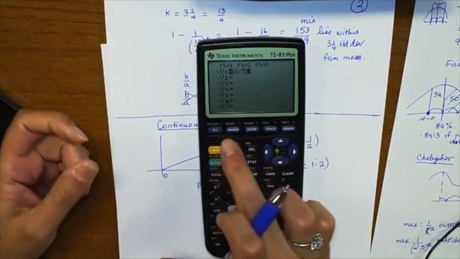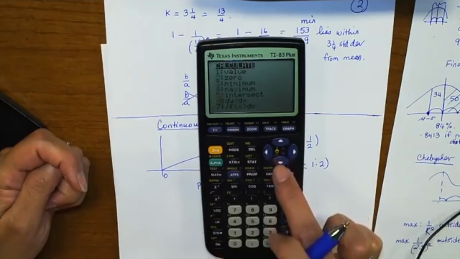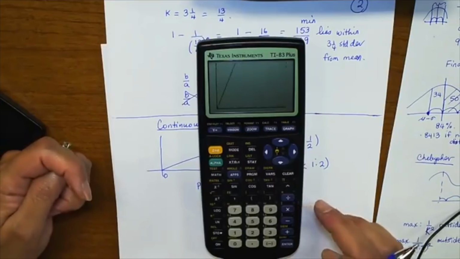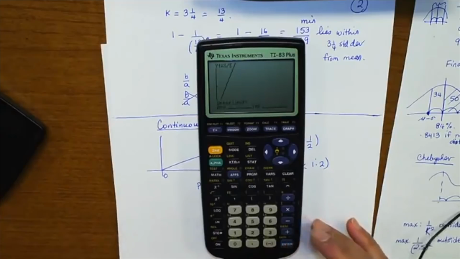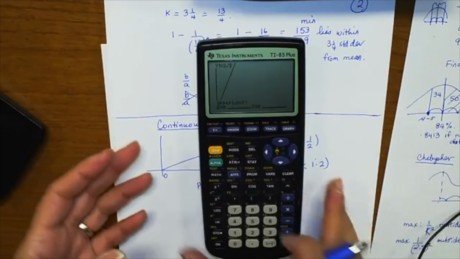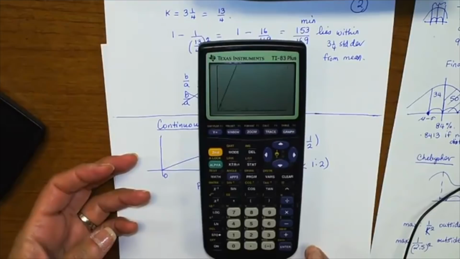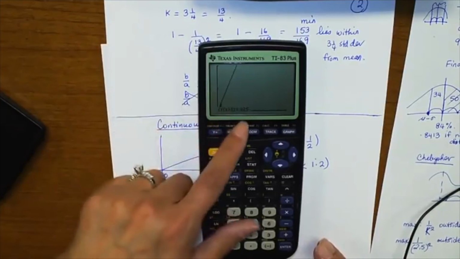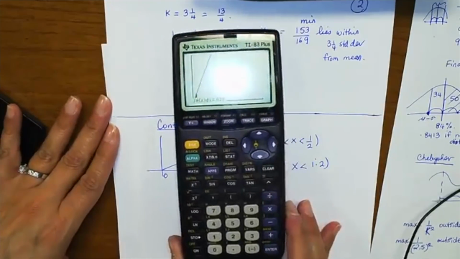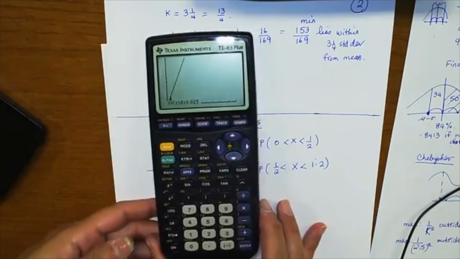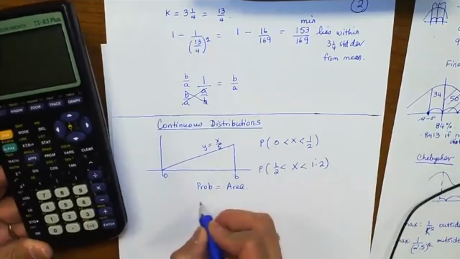And then second calc, integral of f of x dx. It's going to ask me the lower limit, I say 0, and then it asks me the upper limit, so I'm going to say 1/2. And then it shades it and gives me the answer, 0.025. So I could do that on the calculator.